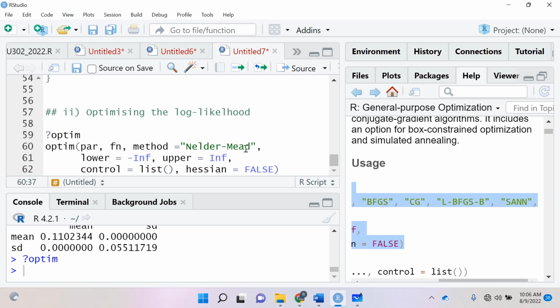Lower and upper are for the parameters. So if you have a parameter, you have to indicate to R what is the lower bound, what is the upper bound. Okay, sometimes you just have to provide it with some large value that you think the estimate will not reach, so that it searches within this. Remember, everything we are doing is iteration.